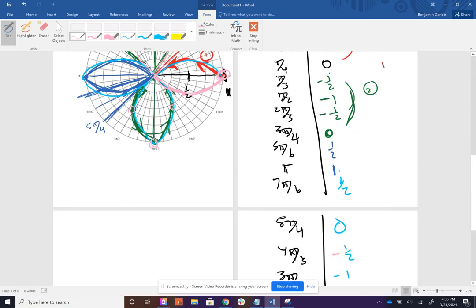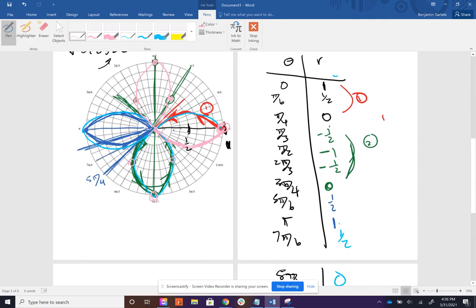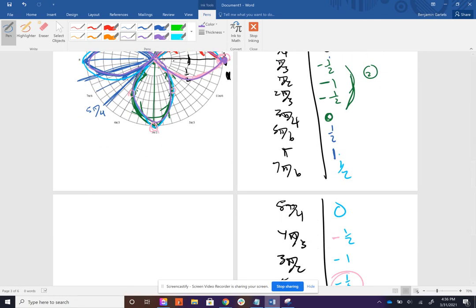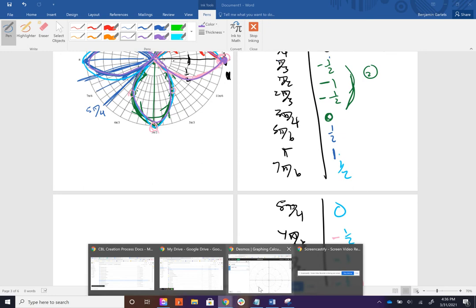So what we get is this rose shape here. And if I start out in the purple, it starts out here. And right there. And then we continue. So let's double check this in Desmos.